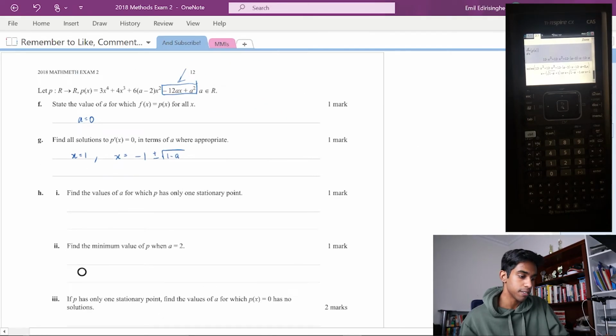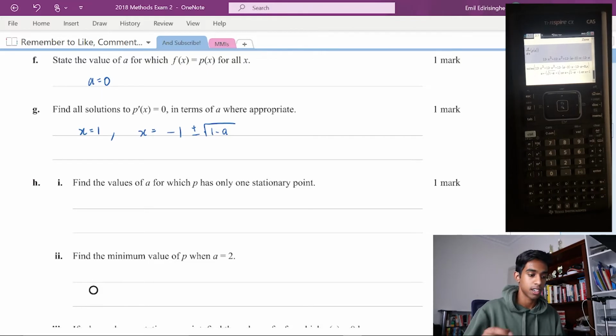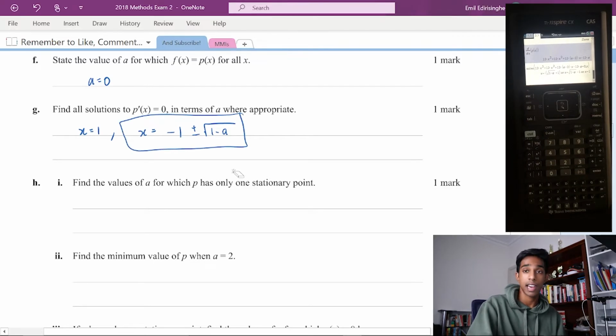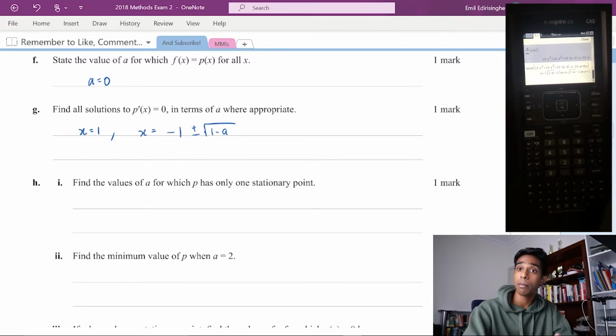Then we've got to find the values of a for which p has only one stationary point. So what this is asking us to essentially do is, because this has a square root in it, there will be values of a for which this solution doesn't exist, and because of that, there'll only be one solution. So the values of a for which p only has one stationary point are going to be when 1 minus a is less than 0.